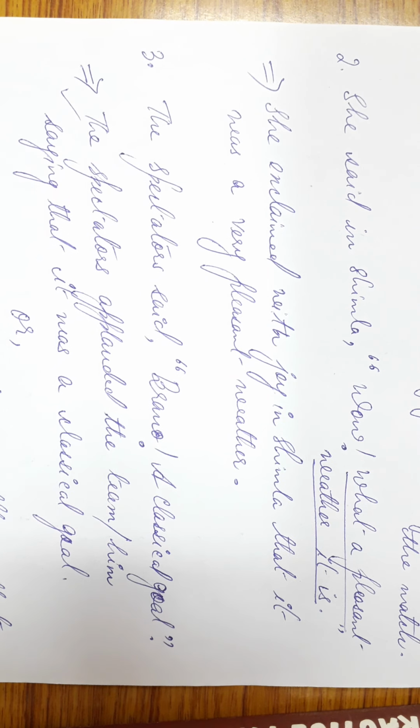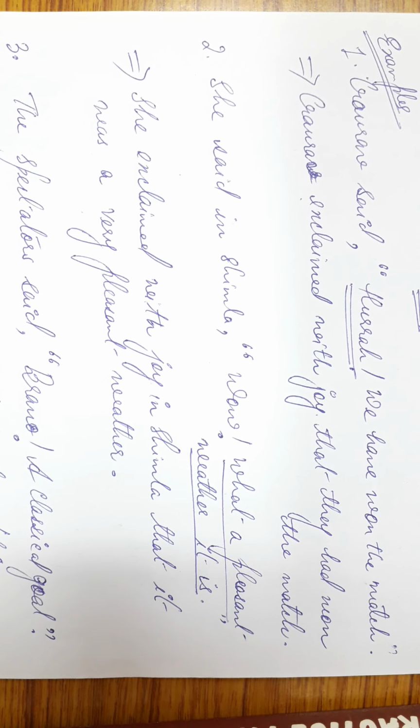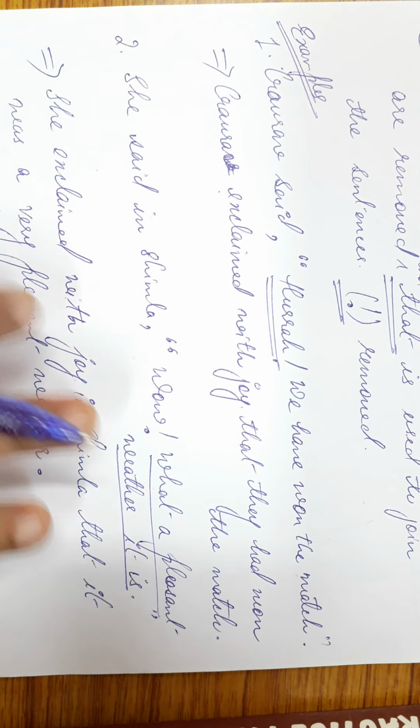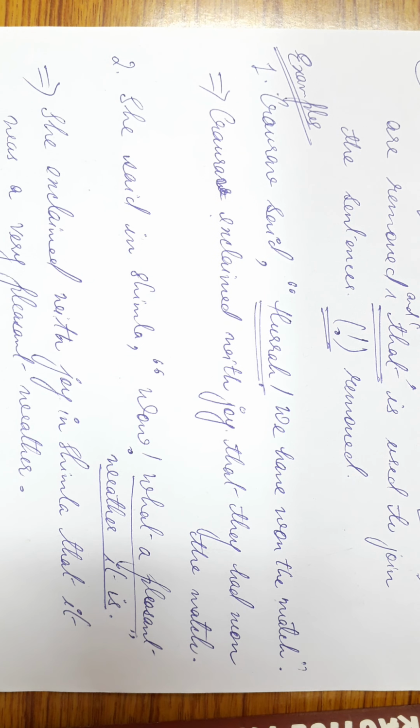Now there are many examples which are possible. What are the things that you have to keep in mind? I don't think you are going to get this in your examination still. Just for knowledge sake, what are the things that you have to keep in mind? You have to see the exclamatory word, you have to read the entire sentence as well, and you have to understand the emotion.